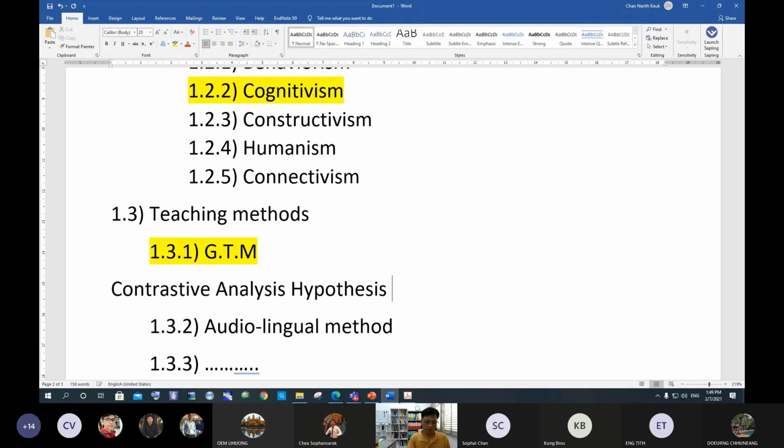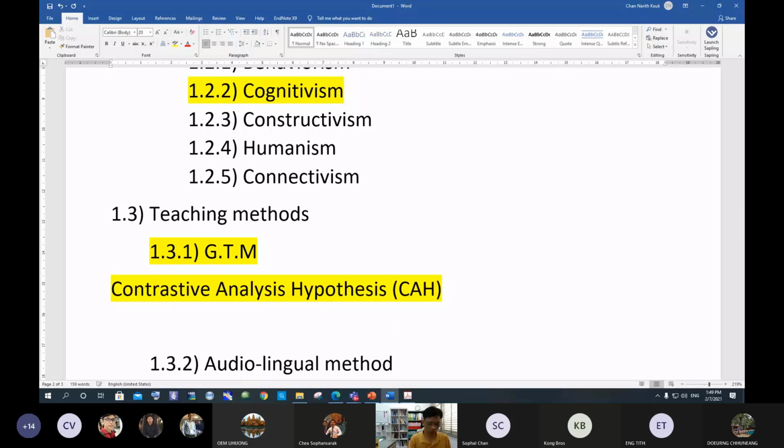We call it CAH. Okay. Contrastive analysis hypothesis. So what do we mean by contrastive analysis hypothesis? When the 2 languages are in contact, problems arise. You see what I mean?